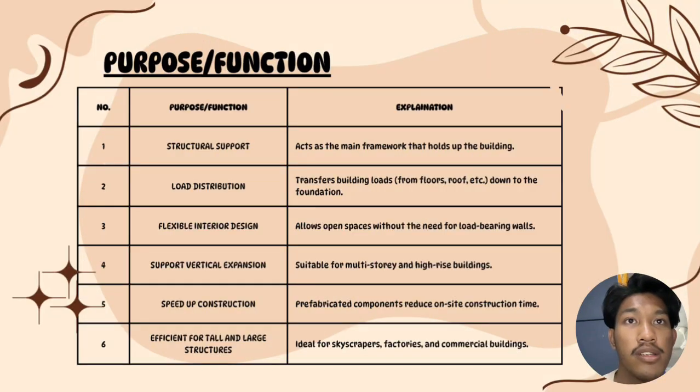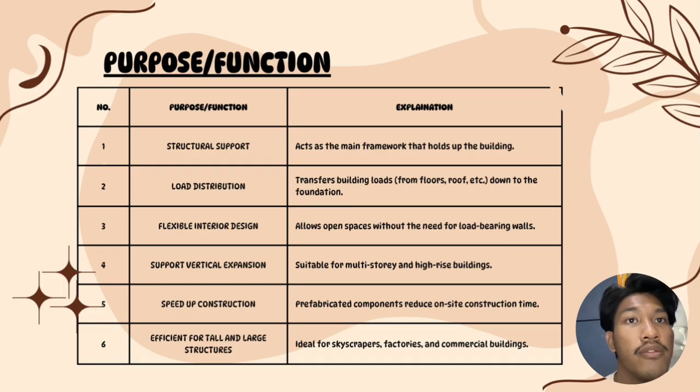So, purpose and function. First, structural support: it acts as the main framework that holds up the building. Second is load distribution: transfer building loads from floors and roof down to the foundation. Third is flexible interior design: allows open spaces without the need for load-bearing walls.